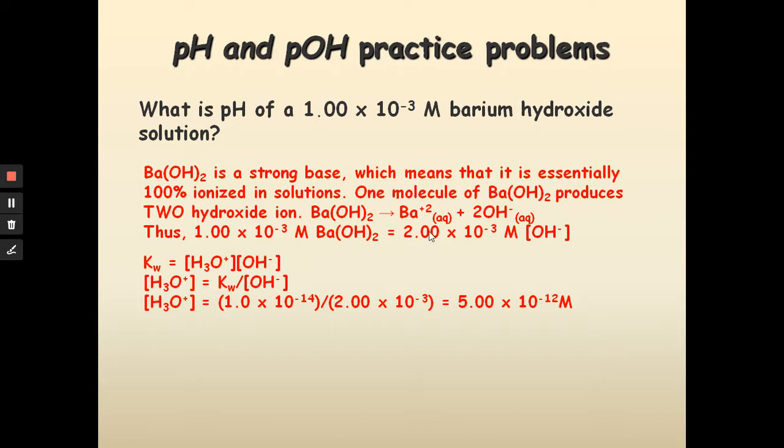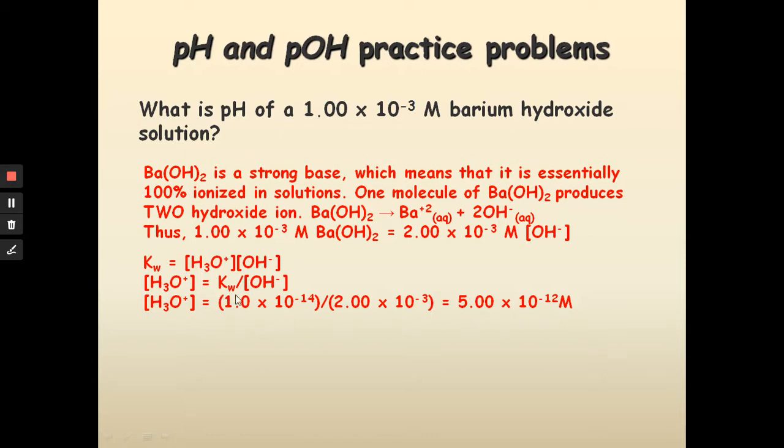So I'm going to use the Kw equation to first convert the OH to the hydrogen. So hydrogen is equivalent to Kw over OH. Kw is a constant, 1.0 times 10 to the negative 14th power, divided by the OH, and that gives us 5.00 times 10 to the negative 12th power molarity.